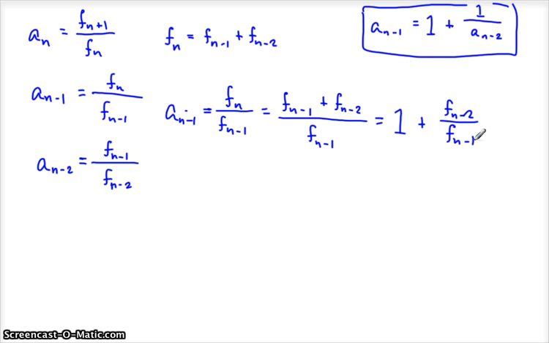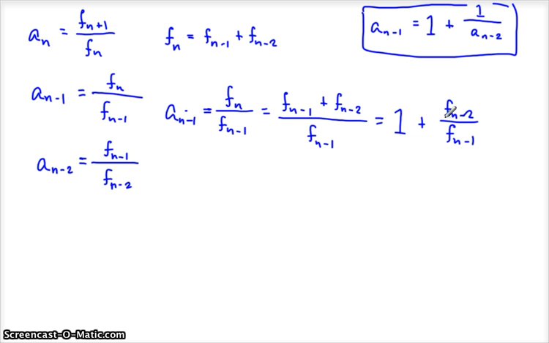So how is it that we can connect this last piece to this idea of 1 divided by a sub n minus 2? Well, look. If you look at a sub n minus 2, it's f sub n minus 1 over f sub n minus 2. And these two are reciprocals of each other. See how they're just flipped upside down?